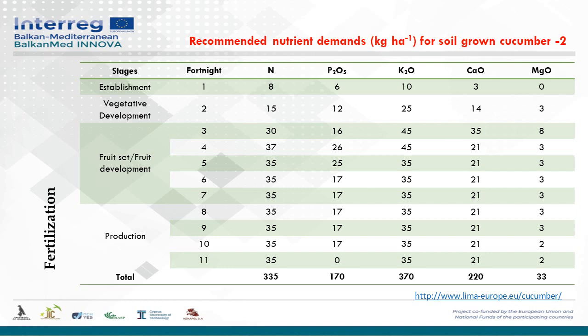There are other references which are suggesting that even less phosphorus is demanded by cucumber plants, especially at the production period.